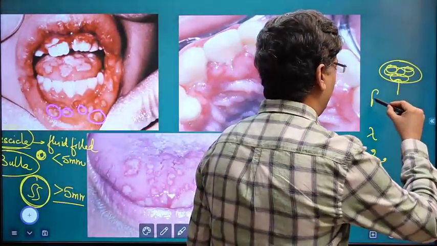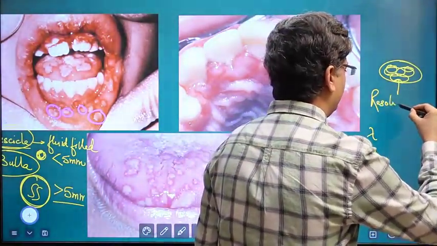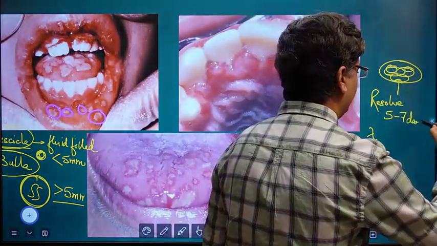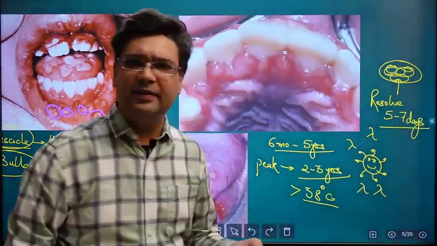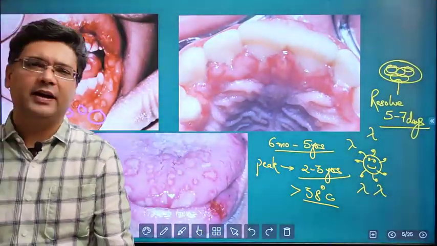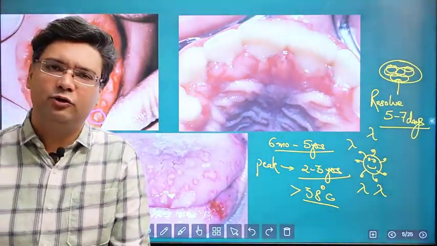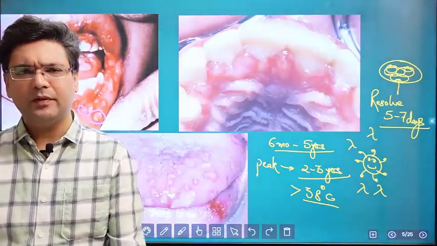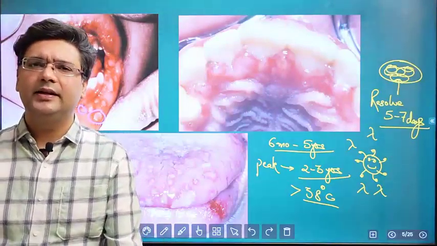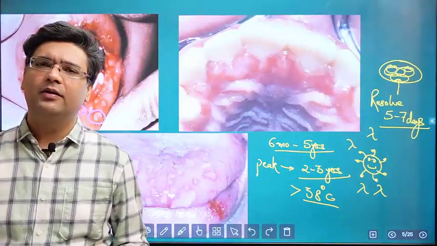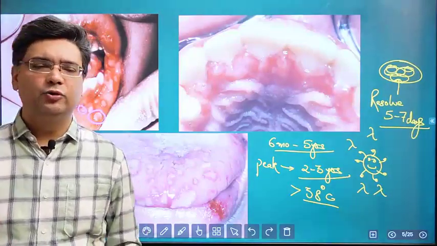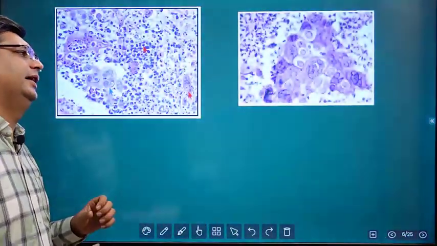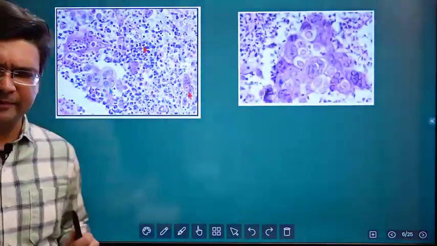These resolve in approximately 5 to 7 days if the lesions are mild to moderate. In severe cases, the healing time is longer, and can take up to approximately 2 weeks. Now we'll also take a look at the histopathological perspective.